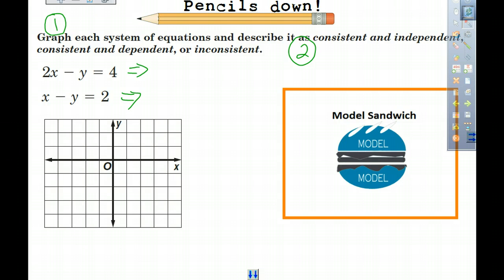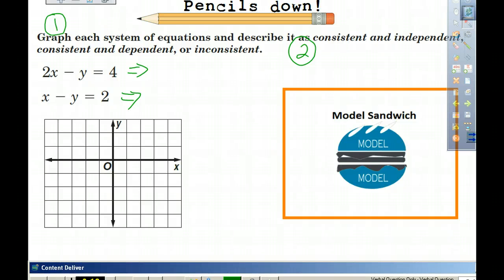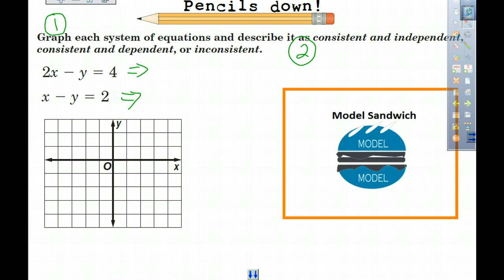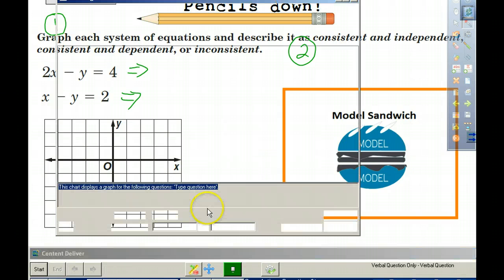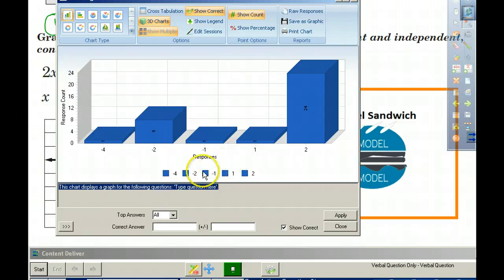And a few more people. So again, make sure your number is dark. That means you put your answer in. Everybody except for 34, 19, 29. Good. This is how I kind of keep track of things.